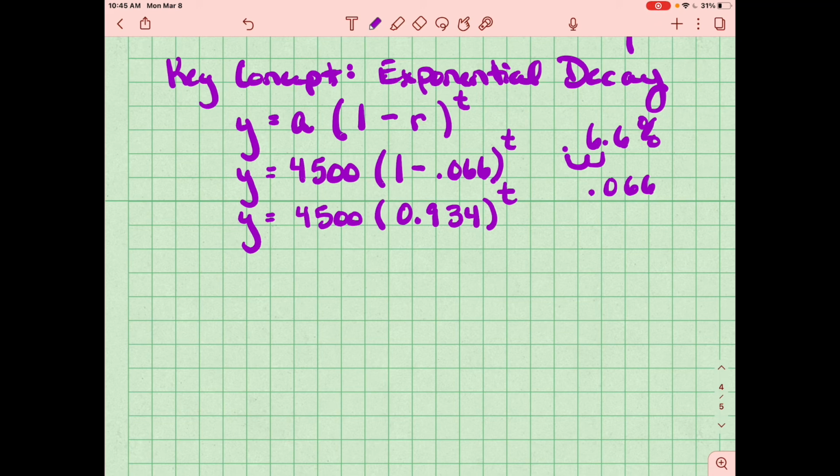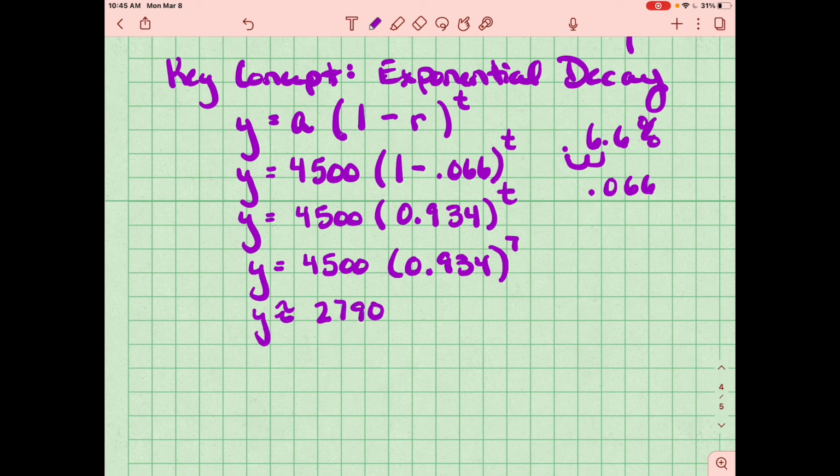So if I wanted to know how much air was left in the raft after 7 days, I would put my 7 in for x, and then use my calculator. 0.934 to the 7th power equals, and then times 4,500, and I would get y is about equal to 2790, and that is how many cubic inches of air are left in the raft.